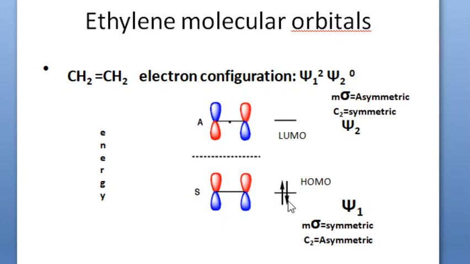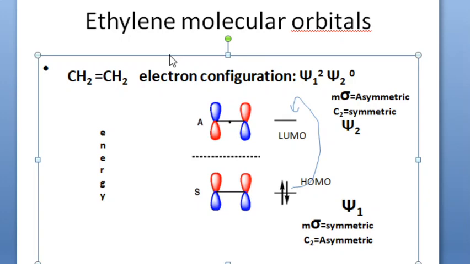If there is an excited state, your electron will jump from psi1 to psi2. One of the electrons will jump from psi1 to psi2, as you can see. That's how it jumps. So if an electron jumps, what happens? The electron moves from psi1 to psi2, and now psi2 will become your new HOMO.